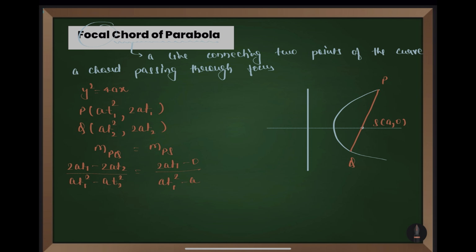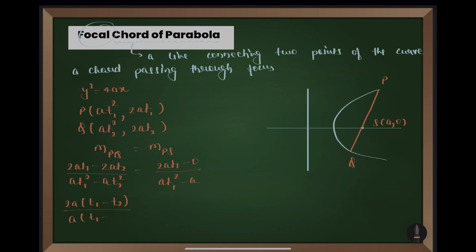Now look at this. For simplification, I am taking something common. I am taking 2a common from the numerator of the LHS, so t1 minus t2. Now I will take a common from the denominator, so you will have t1 square minus t2 square. Can I factorize it?